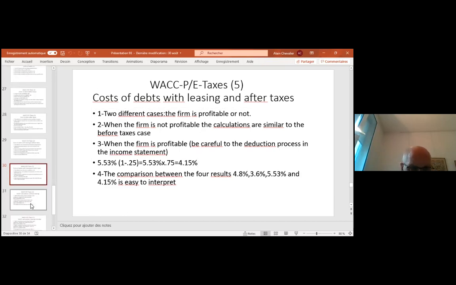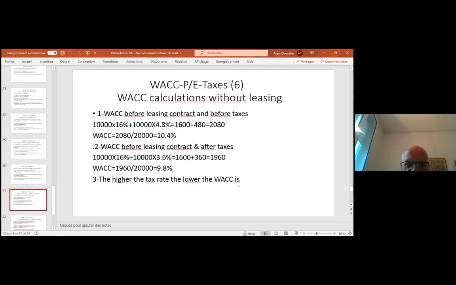Now we have to move to the WACC calculation, and you remember that we had in the exercise 10,000 total equity. And we have a cost of equity, which is calculated another way, perhaps by a capital asset pricing model, or by using a leverage formula, or even the Gordon-Shapiro model.